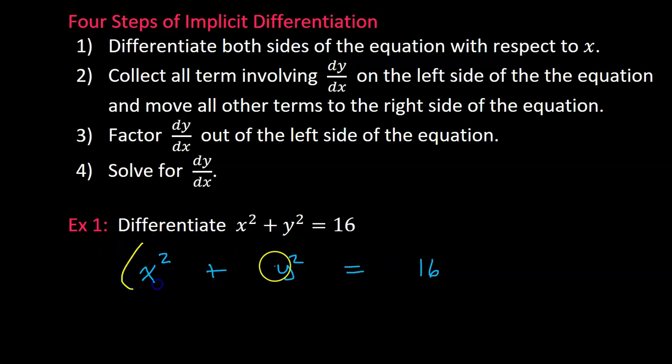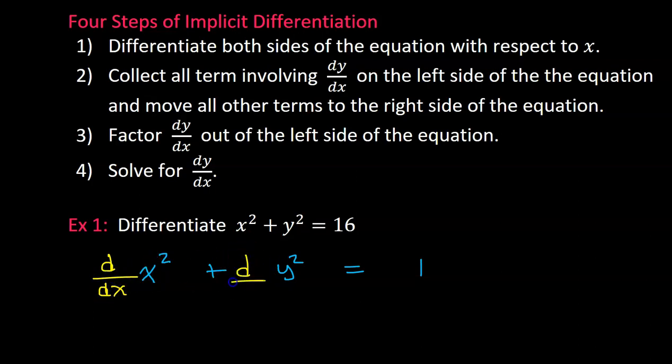So as I take the derivative of the left side, we know that we can differentiate across addition. We can just do each part separately. So I'm just going to skip straight to the part where I do each of these separately. So I'm going to do d dx to show that I'm taking the derivative of this term.